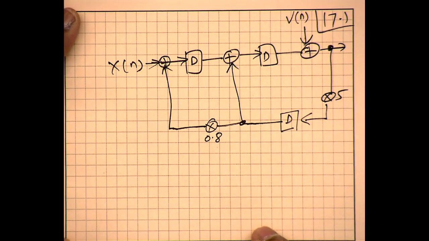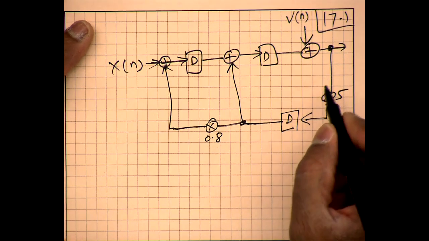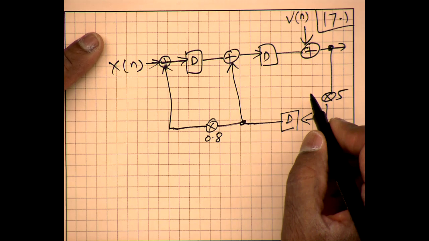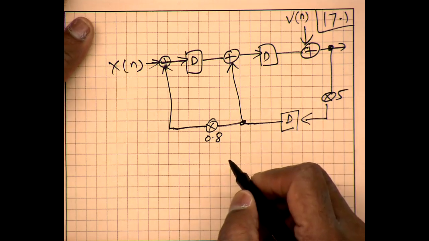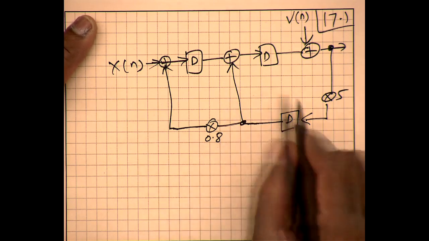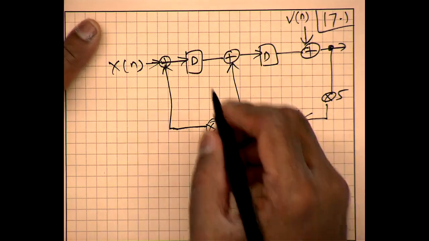Okay, so we can see that, well, I may not be able to take a quick path here. Maybe I have to solve this by the long method.